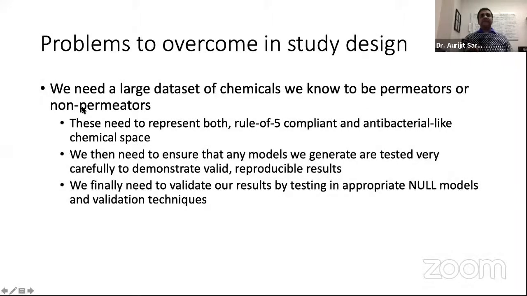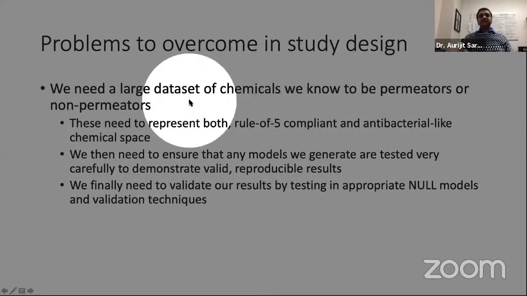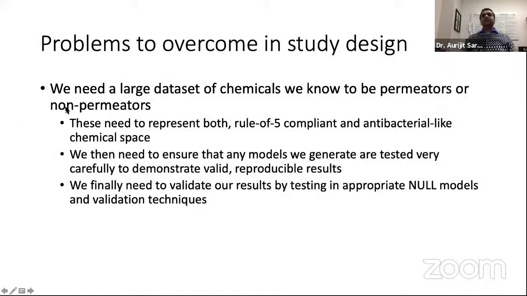If you have a well-defined data set, you can compare the 2 types of members, permeators and non-permeators. And this comparison should, in theory, help you understand which chemicals are likely to be permeators or penetrators, and which ones are not likely to be penetrators.